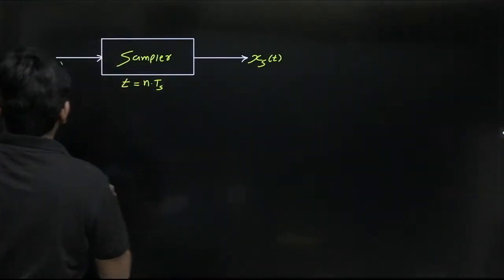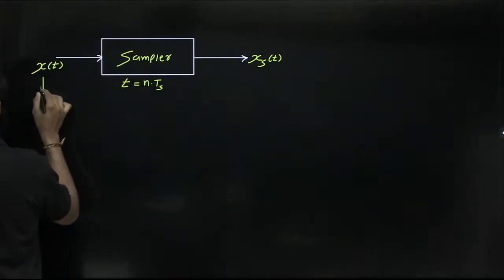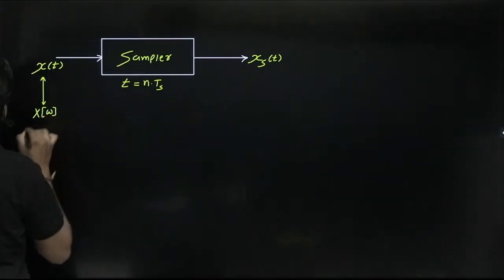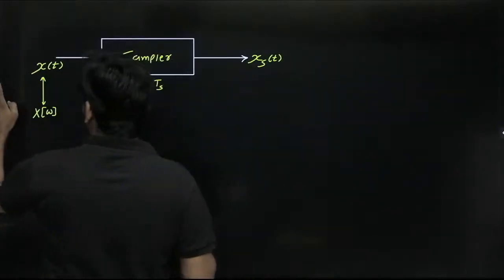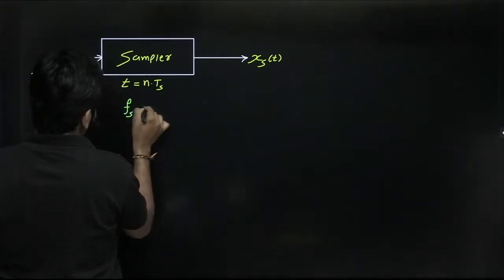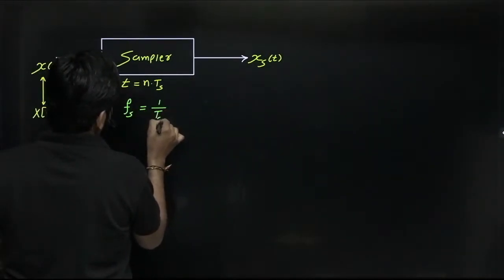Suppose the Fourier transform of x of t is X of omega, and the sampling frequency is fs, which is 1 upon Ts. It can also be written as omega s.